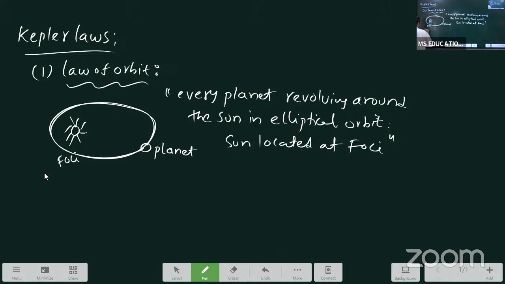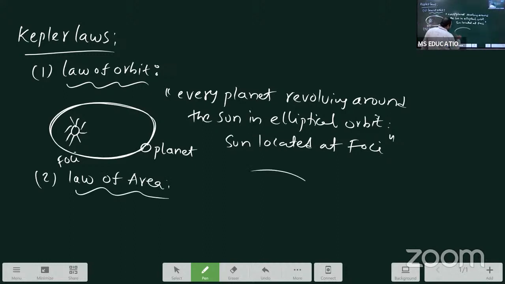Second law, law of area. This is the second law. Planet, sun. This is the line, an imaginary line joining the planet and the sun.